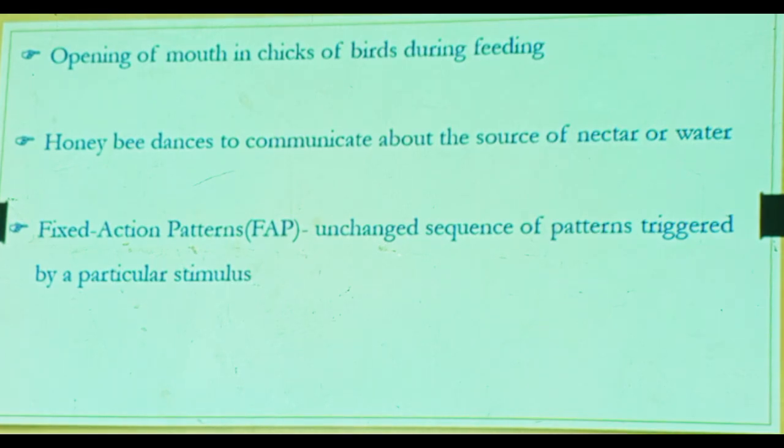After bringing nectar and water to the hive, they perform dances to the others in the hive in order to communicate where they brought the nectar from, the distance, and also the direction of the source, so that the other bees, by getting the information, also go to the source and fetch either nectar or water.